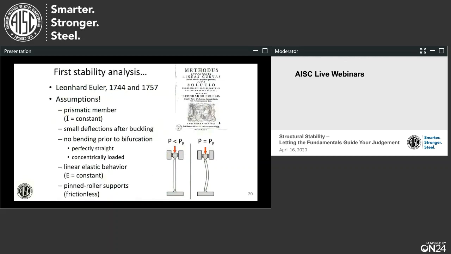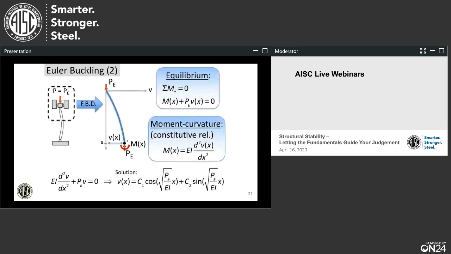Just to show you where this all fits in, let's go all the way back to the oldest of the oldest stability analysis in the mid-1700s by Euler. I'm not going to go through the details here, but what I wanted to show you is what Euler basically did. The first thing is he formulated his equations of equilibrium on the deformed shape.